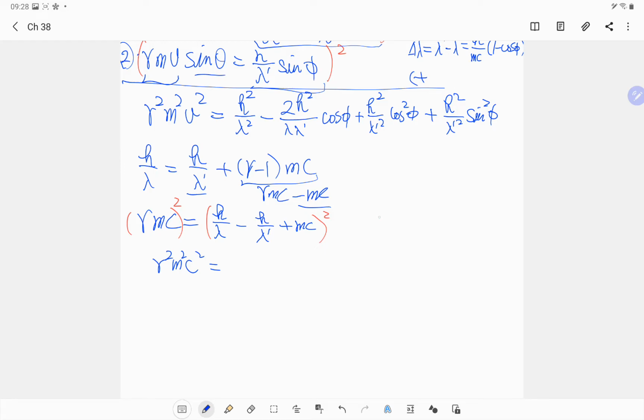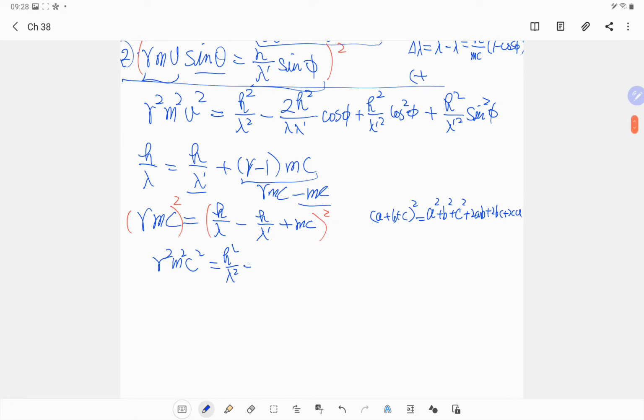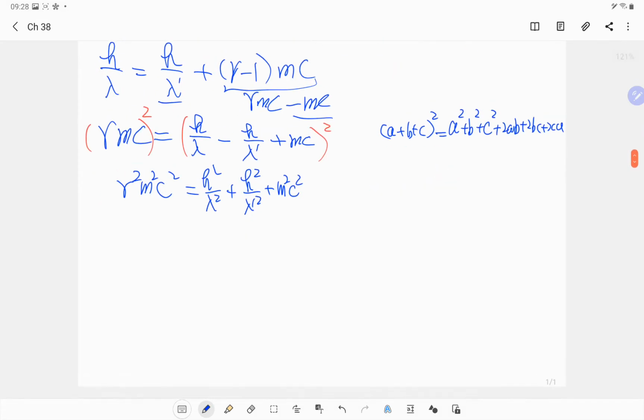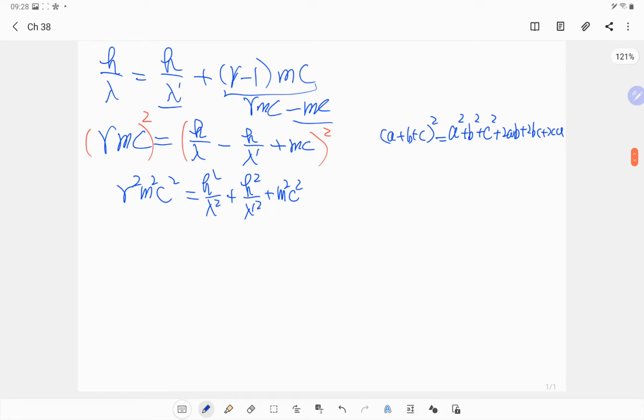It is somehow like a plus b plus c, squared, which would be a squared plus b squared plus c squared plus 2ab plus 2bc plus 2ca. So we should have h squared over lambda squared plus h squared over lambda prime squared plus m squared c squared. And then we should have 2ab, 2bc, 2ca.